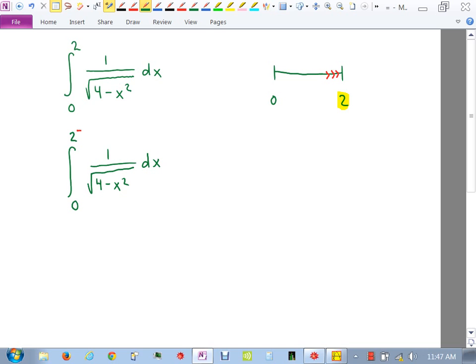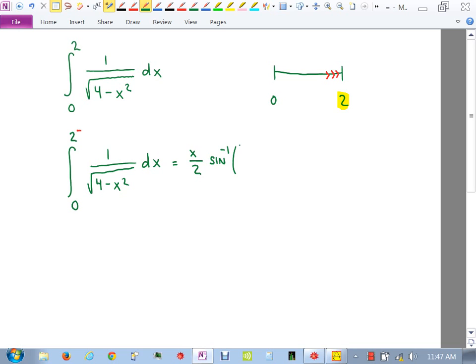What's the antiderivative of 1 over square root of 4 minus x squared? It should be a formula, right? Arc sine of x over 2. What formula is this?